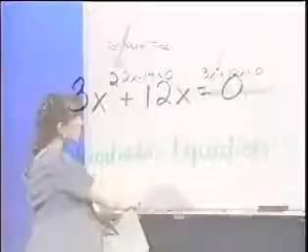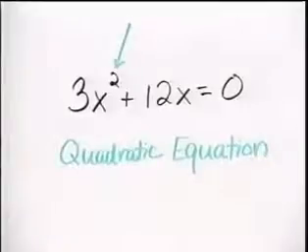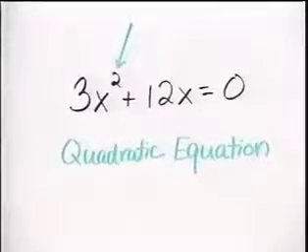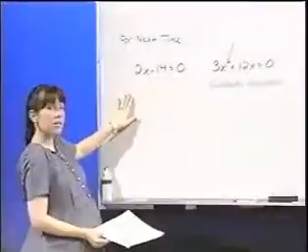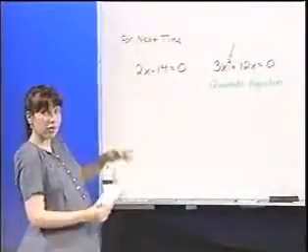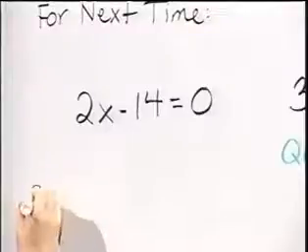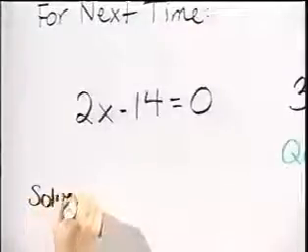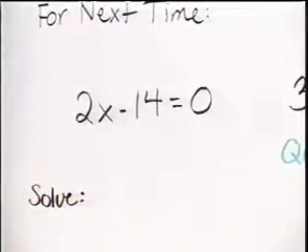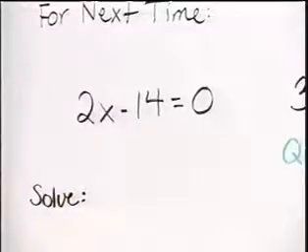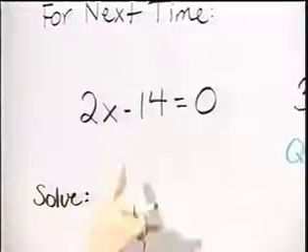So let's recall. We know how to solve the first equation. 2x minus 14 equals 0. If I wanted to solve this, remember, way back, you're going to use addition and subtraction principles as well as the multiplication and division principles.